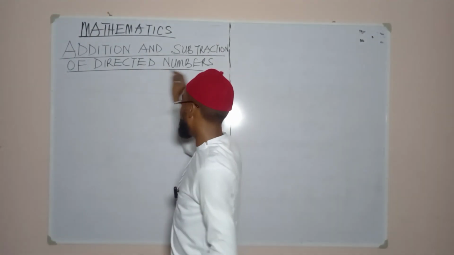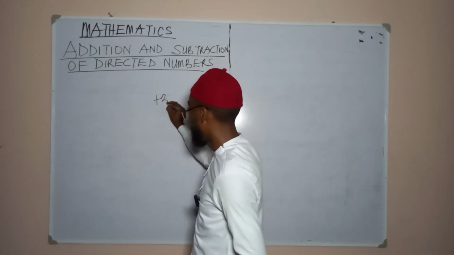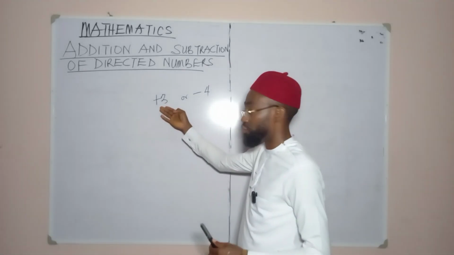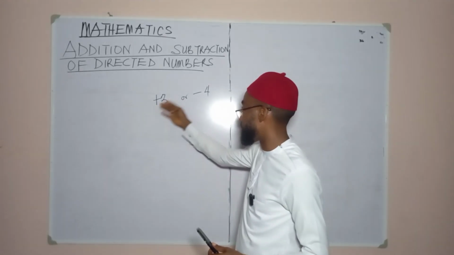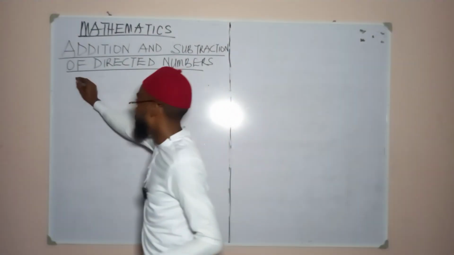Now, what are directed numbers? Directed numbers are those numbers you see that usually have plus or minus attached to them. So whenever you see a number that has a plus or a minus attached to it, we call those numbers directed numbers.